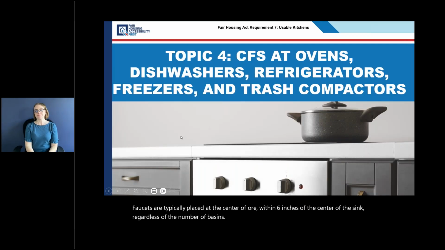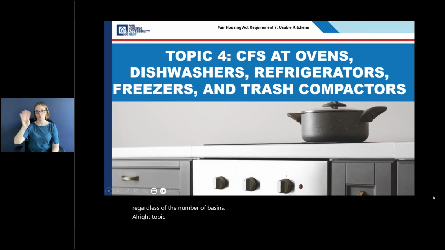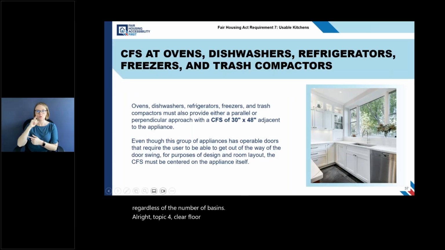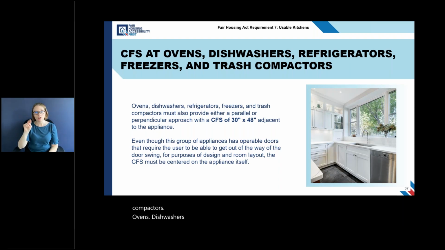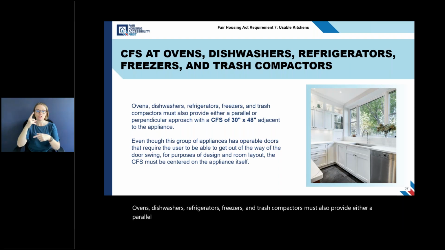All right, topic 4, clear floor space at ovens, dishwashers, refrigerators, freezers, and trash compactors. Ovens, dishwashers, refrigerators, freezers, and trash compactors must also provide either a parallel or perpendicular approach with a CFS of 30 to 48 inches adjacent to the appliance.